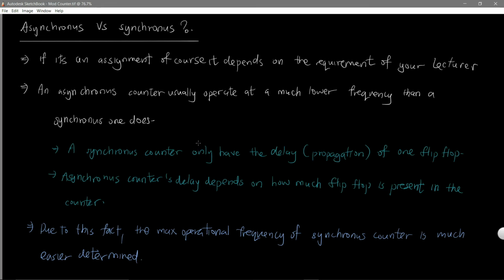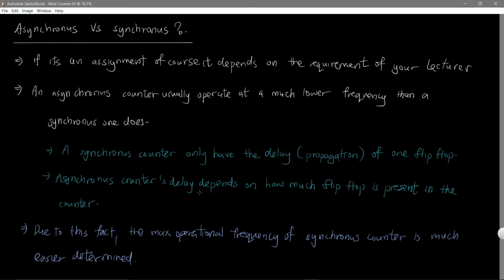Alright, but the synchronous counter has its demerits. It is usually harder to design. You will see in later examples. Now I'm going to show you why this happens, and how the frequency of the synchronous counter is higher than an asynchronous one.